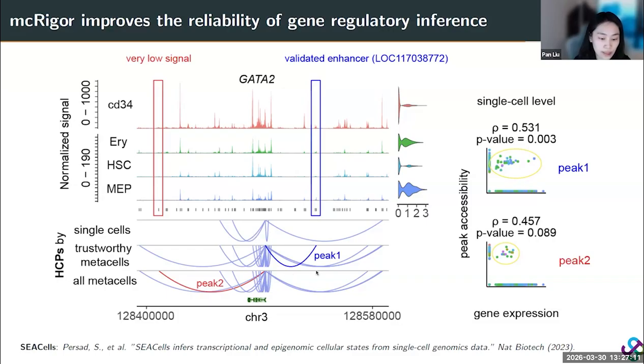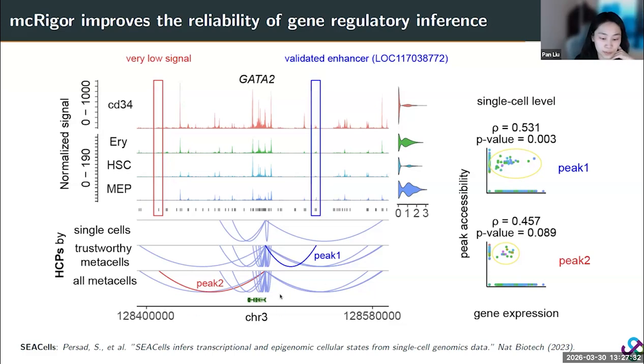But if they use the SEACells method to aggregate single cells into metacells, we can usually identify many more enhancers. However, what we found is that if we go further and apply our mcRigor method to remove the dubious metacells, we can actually further rectify the results.